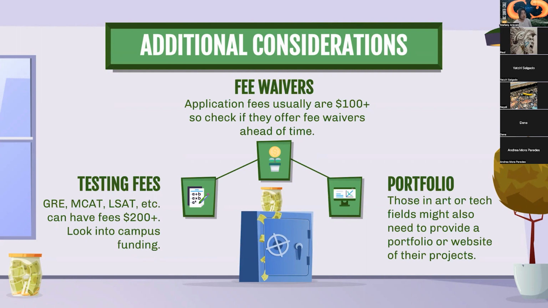And another thing was a portfolio. So some schools might require a portfolio as part of your application as well. And it usually depends on what major you're in. If you're in art, that makes sense. You might need to like provide some canvas pictures of some canvas art that you've done, maybe some photography, or if you're in film, some examples of films that you've done.